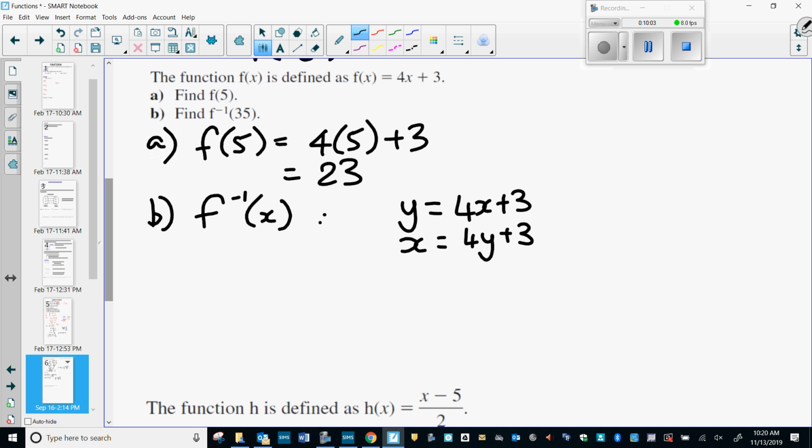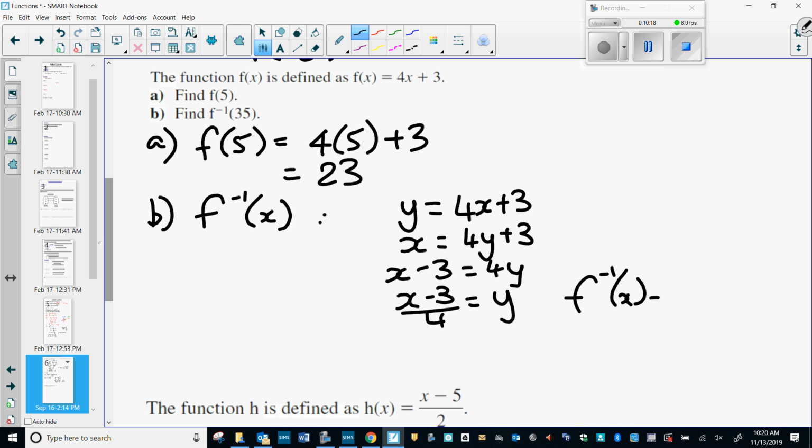Do some handy dandy rearranging. And so we know that our f⁻¹(x) is (x minus 3) all over 4.